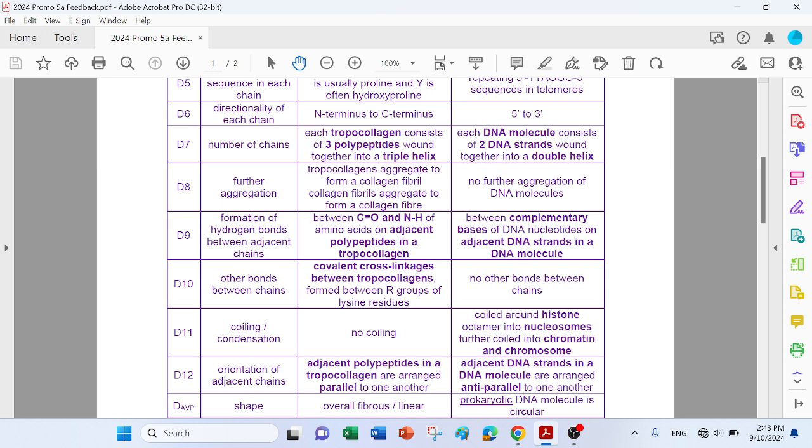Then the hydrogen bonds, also called complementary base pairing for the DNA molecule, are formed between complementary bases of DNA nucleotides on adjacent DNA strands.